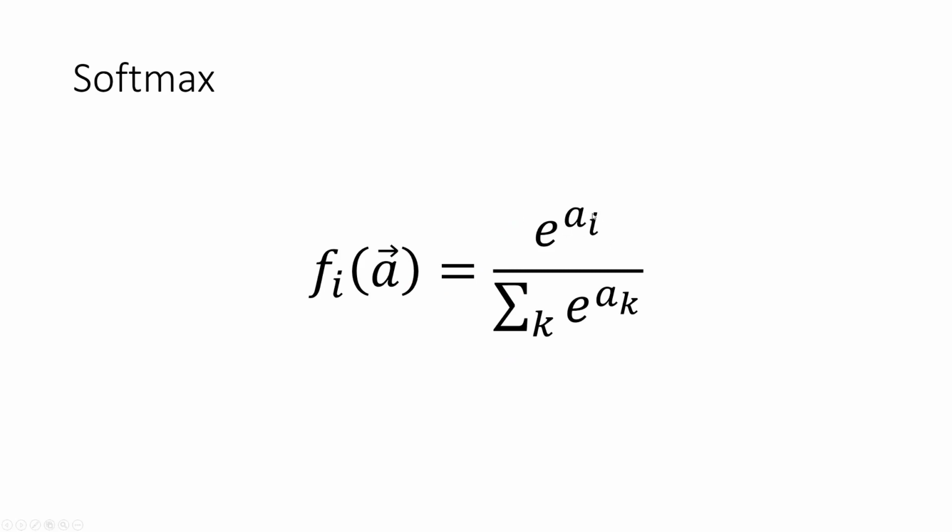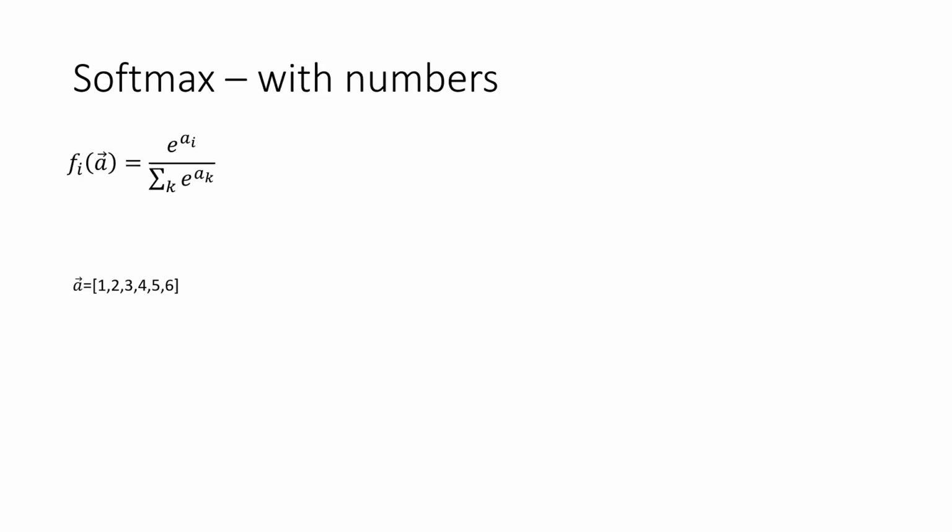We're taking the input at index i as the exponent of e, and dividing by the sum of all e to the power of a_k. So let's make an example with numbers, and it would look something like this. Let's take the same numbers that we just had.